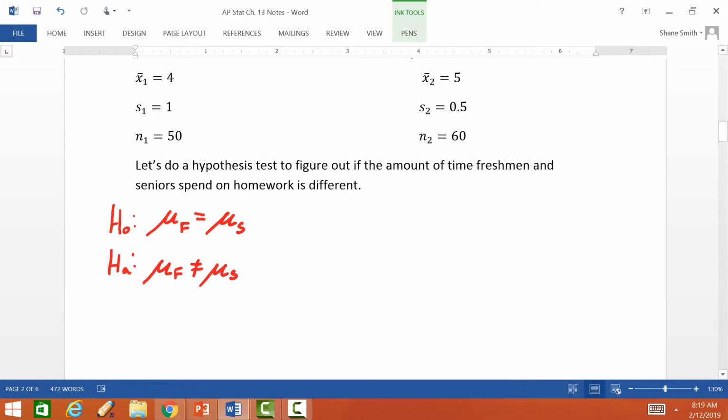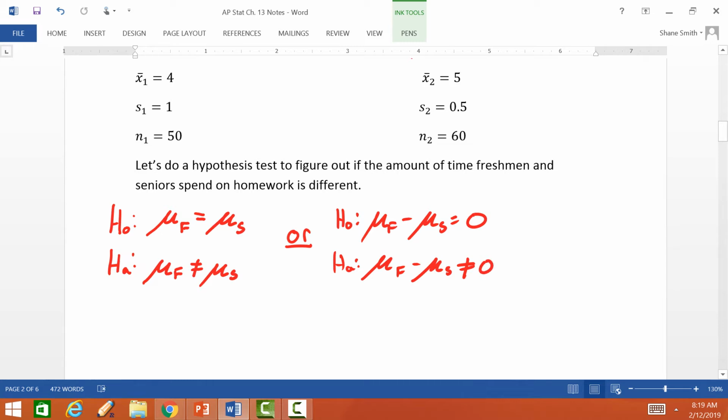And remember that you could write it like this, or you could write it something like this. Either of these ways are considered acceptable.